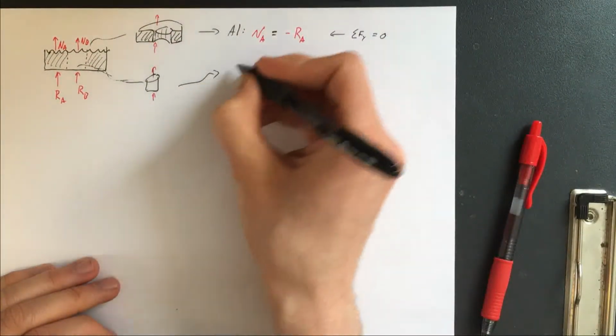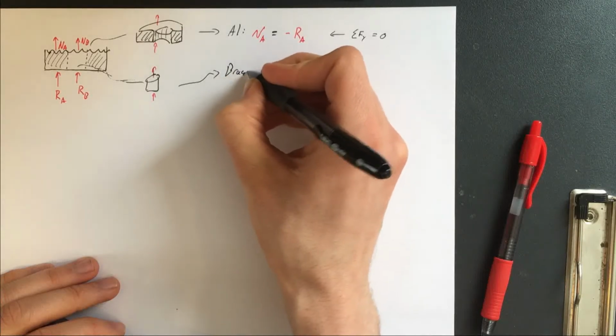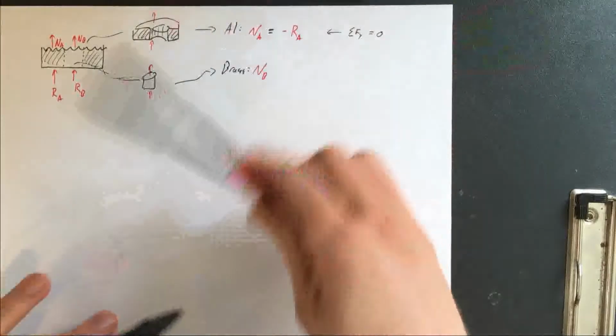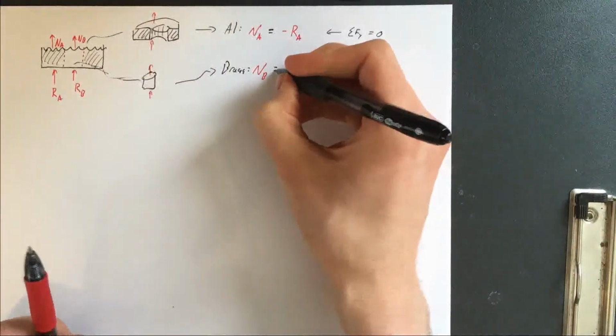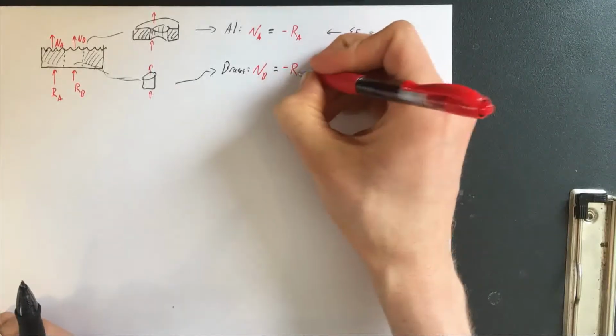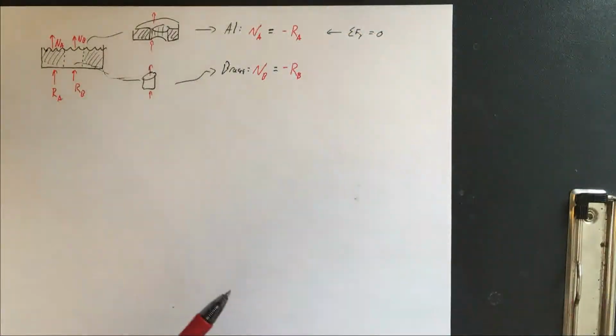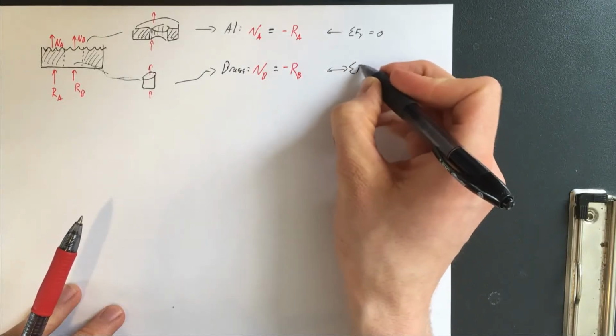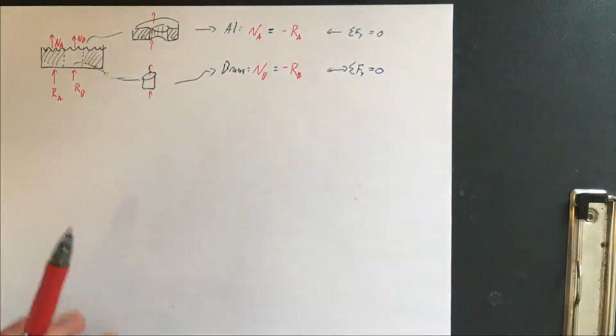We could do the same thing in the brass, and we would conclude that the normal internal load in our brass is equal to minus the reaction force in the brass. And this is what you would get by summing forces in Y and setting that equal to 0.